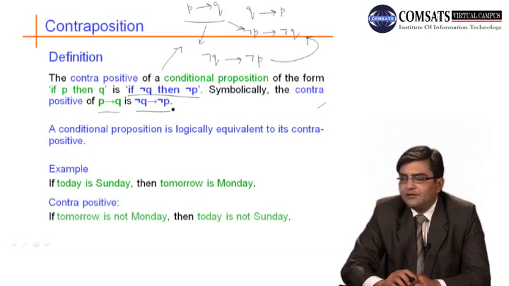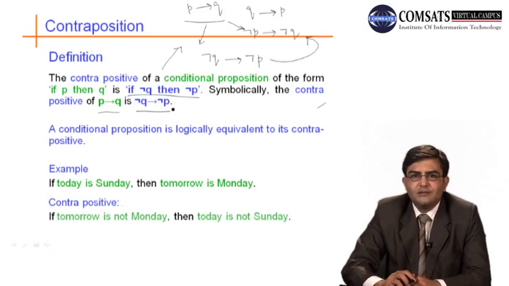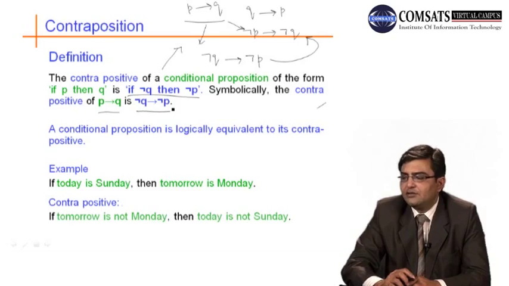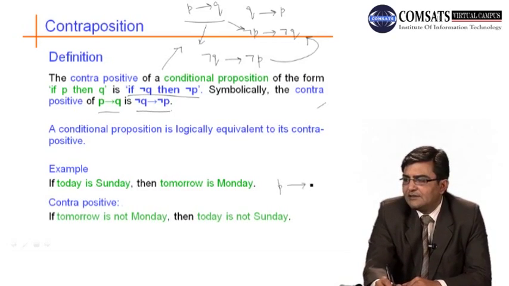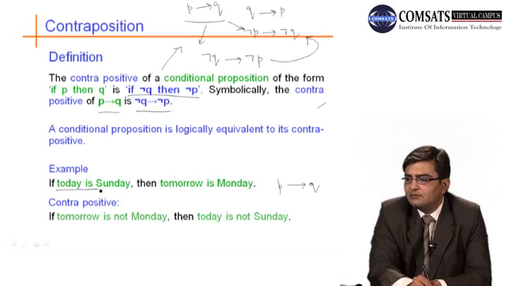For example, if today is Sunday, then tomorrow is Monday. What is the contraposition or contrapositive of this statement? This statement is actually P implies Q. What is P here? P is today is Sunday. This is the hypothesis. And what is the conclusion? Tomorrow is Monday.